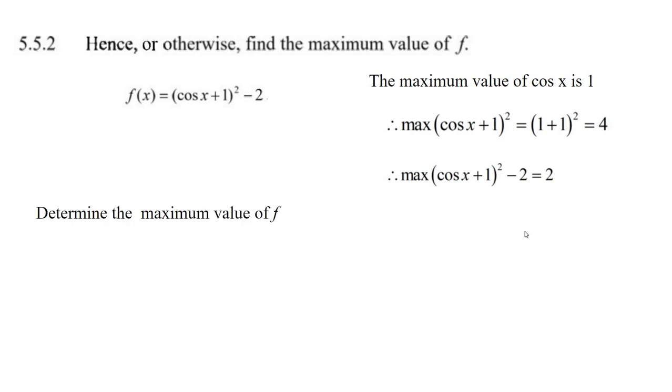The max has to be 2. Yeah, that's as big as it can possibly get, because the biggest this can get is 4. 1 plus 1. See, the biggest cos x can be is 1. 1 plus 1 squared is 4. So the biggest this part can be is 4. So the biggest the function can get is 2.